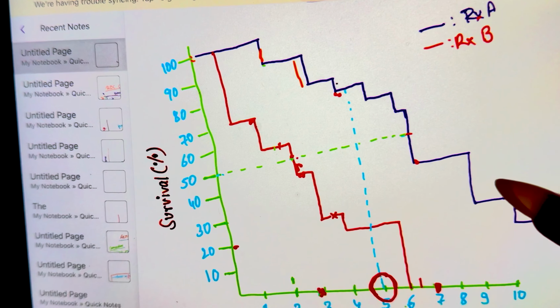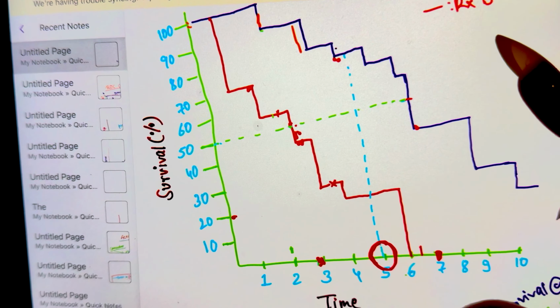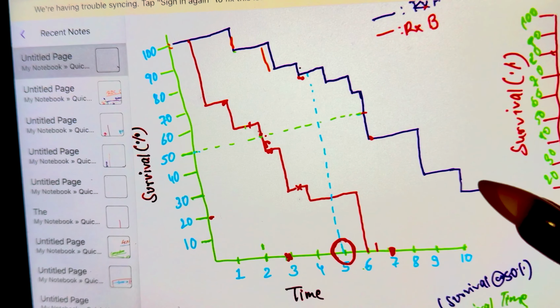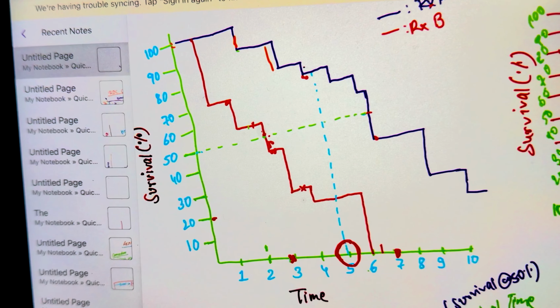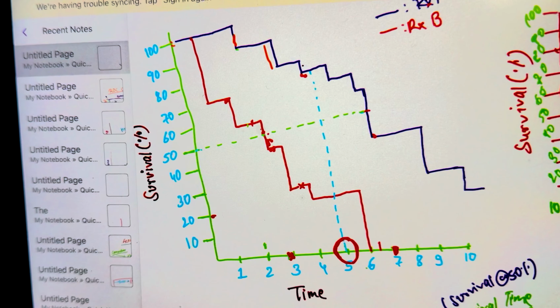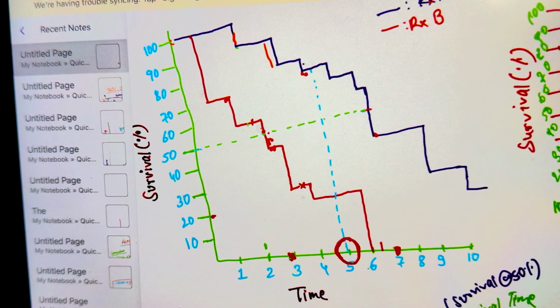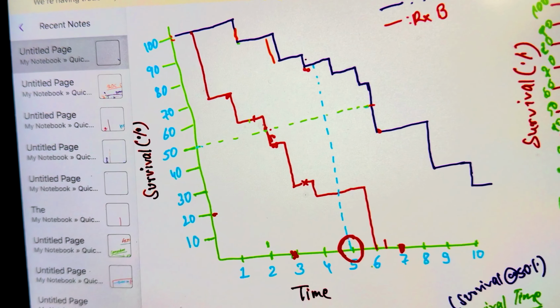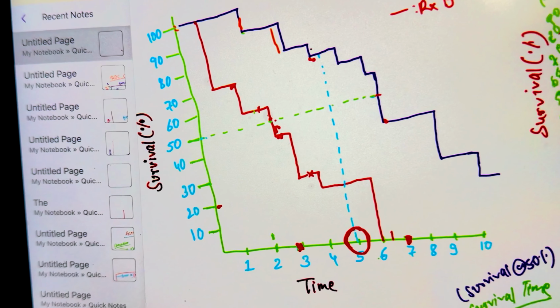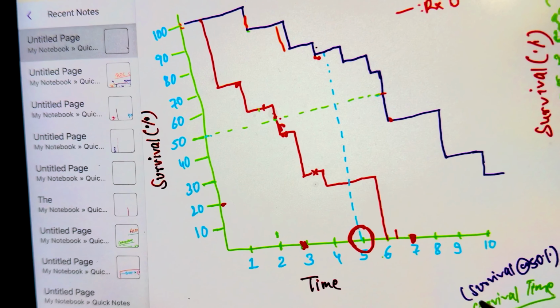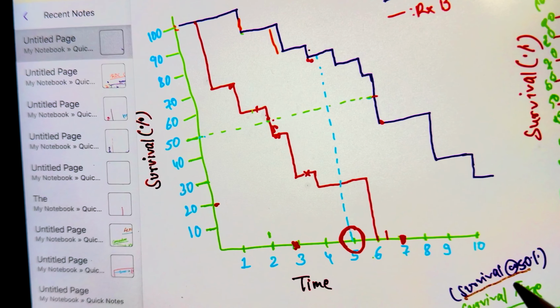So what are the things we need to expect in this question? There could be a question like, what is the median survival time? That means we will be looking at survival at 50%.